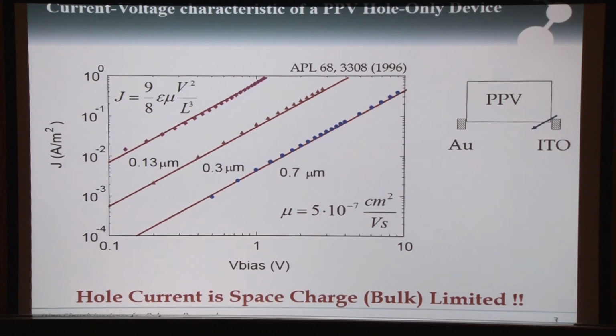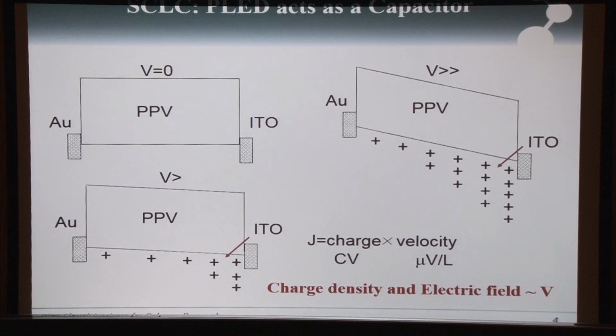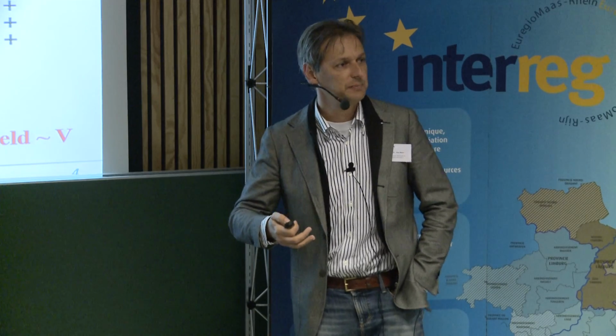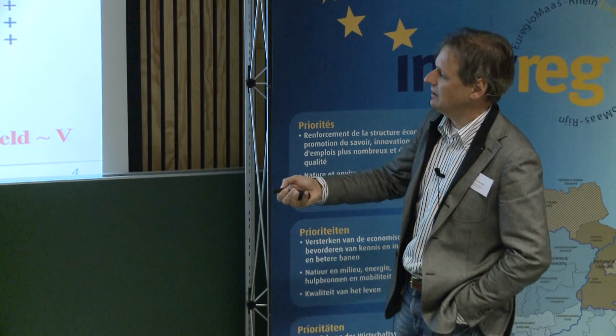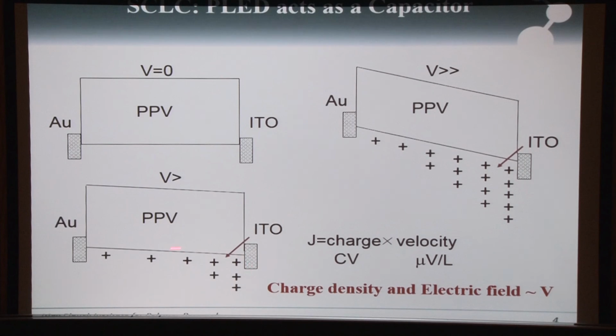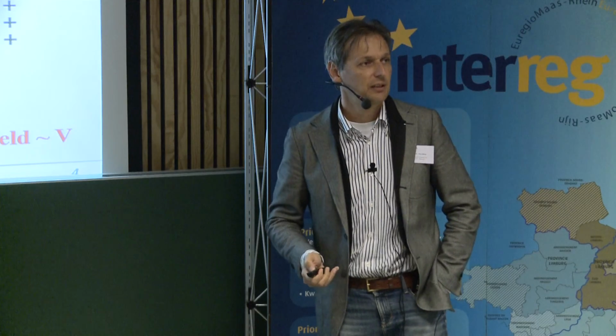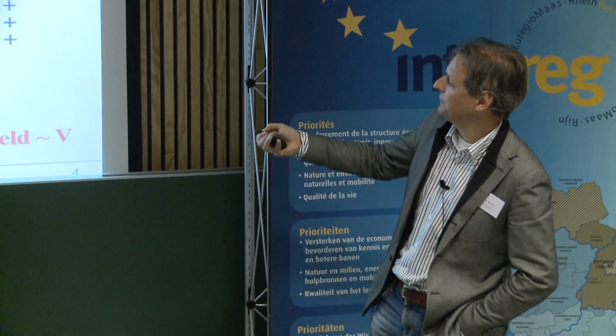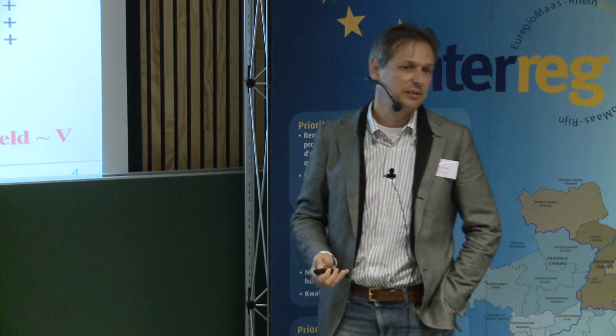Now, what does that mean? Basically, what it means is you start with a polymer that is undoped, has no charge carriers. Then you inject carriers from the contact into the polymer. So there is no counter charge, so that means that your device starts to charge up like a capacitor. And the amount of charges that you inject is given basically by the capacitance times the voltage. So the amount of carriers in the sample is proportional to the voltage.